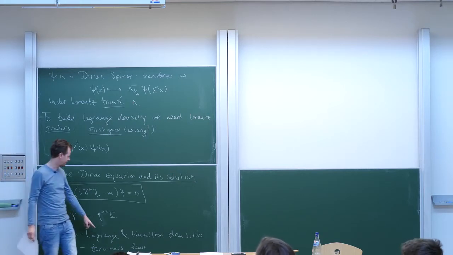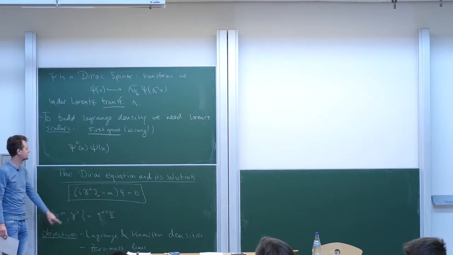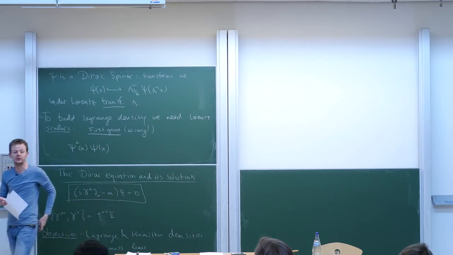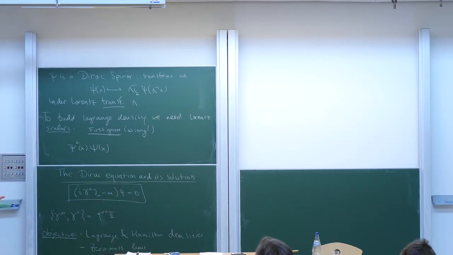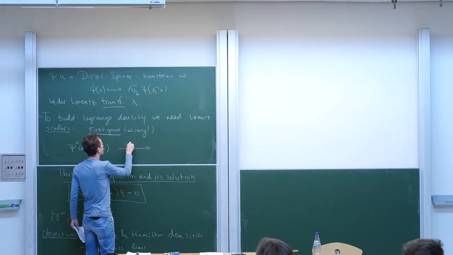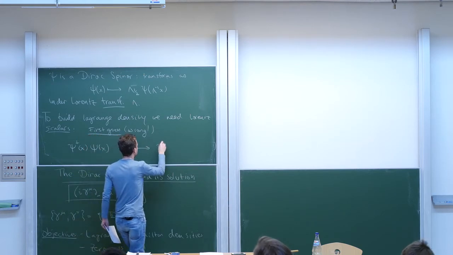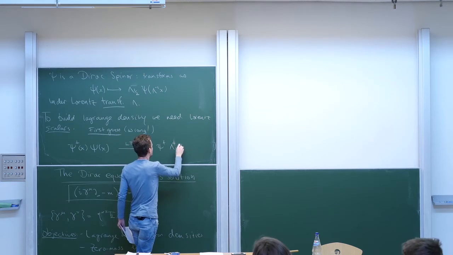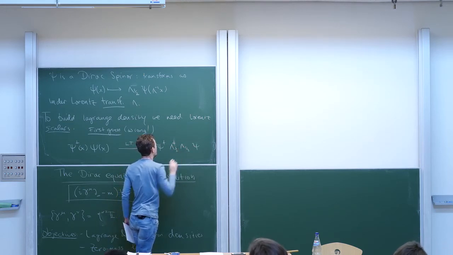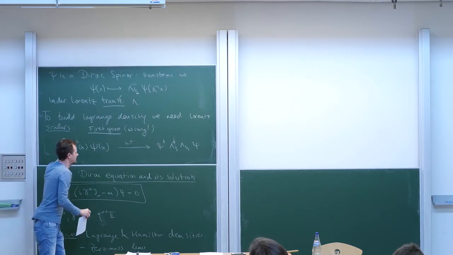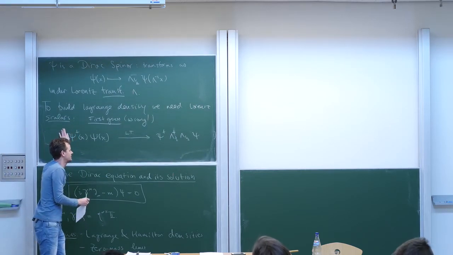So this lambda one-half that appears in the transformation law for the Dirac spinor is a representation of the Lorentz group. It can't be unitary. So under Lorentz transformations, this transforms to that, and it is not generally the case that lambda one-half dagger times lambda one-half is the identity.